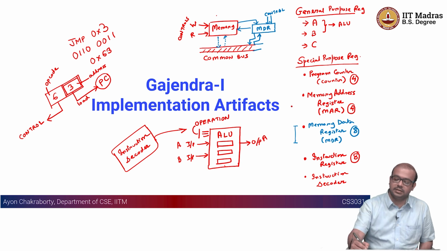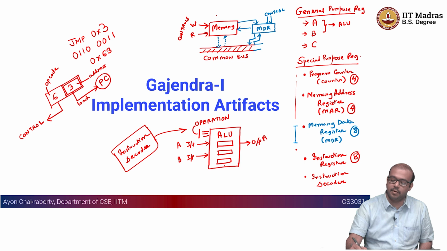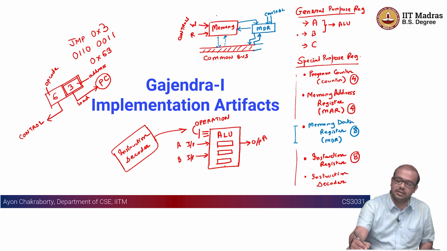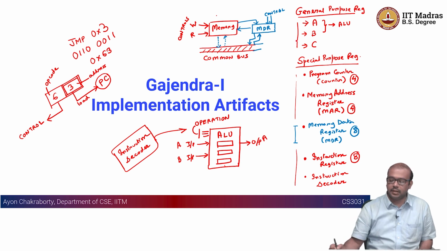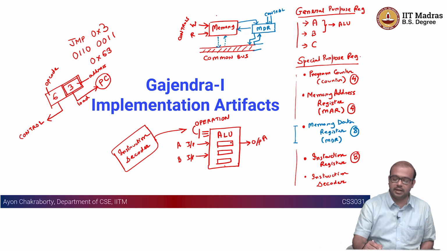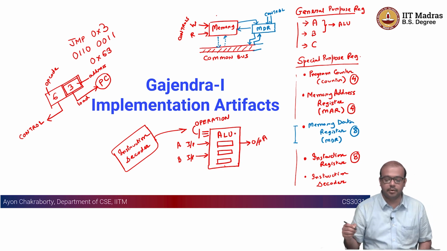So here we just discussed the special purpose registers and some extra things like the program counter and the instruction decoder, and these are the general purpose registers, right? And apart from this, we had the ALU and the control unit.